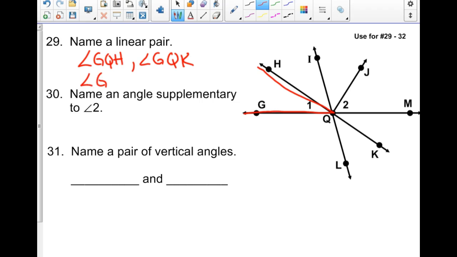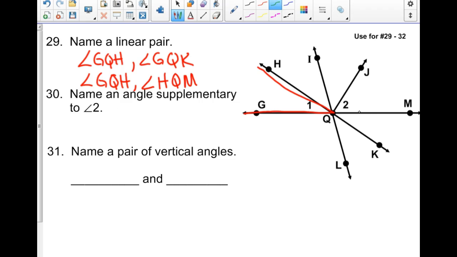Or I could have gone with GQH and gone this way, and I would have said angle HQM. Those are just two examples of linear pairs.